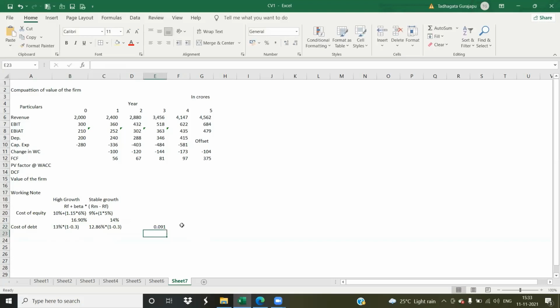That comes to 9.1% here. It comes to 9% here. So okay, this is cost of debt.